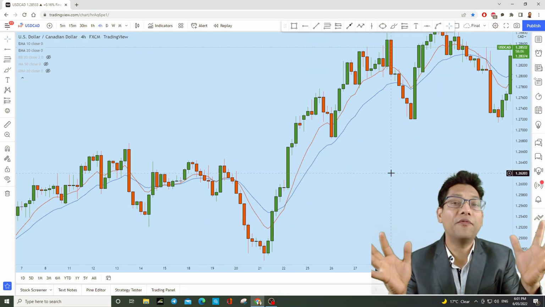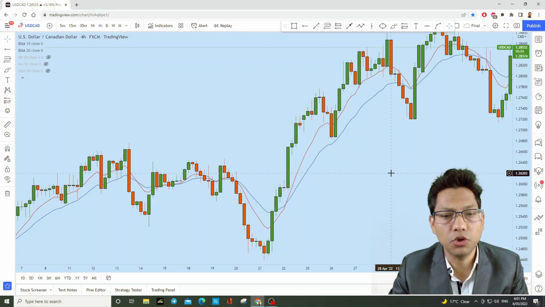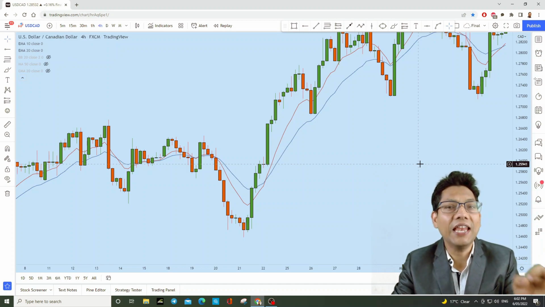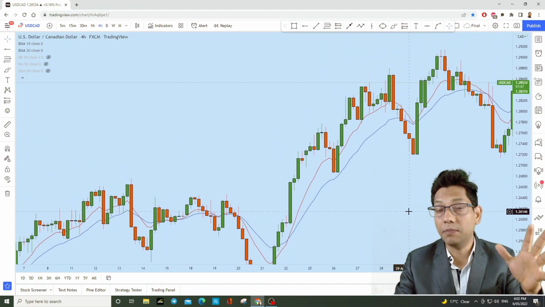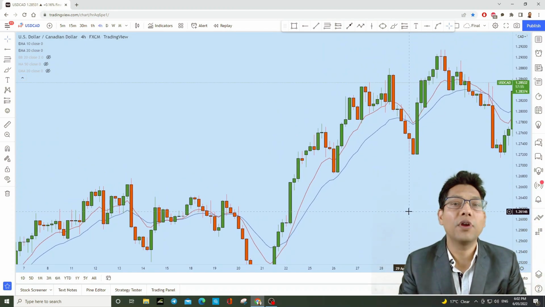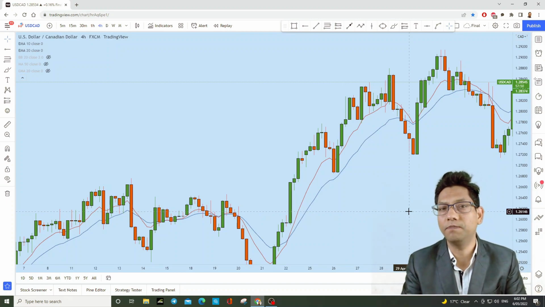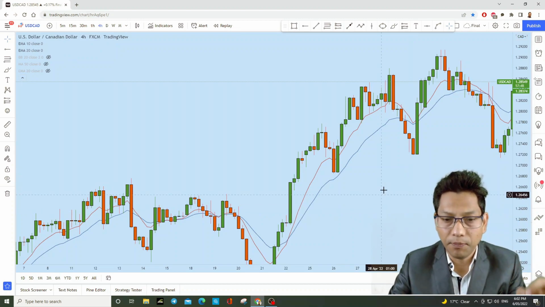So let's begin with the first secret that you need to know. The first secret for the 20 and 10 EMA is that it provides added confirmation for the direction of the trend in the short term. What do I mean by this? The meaning is very simple.